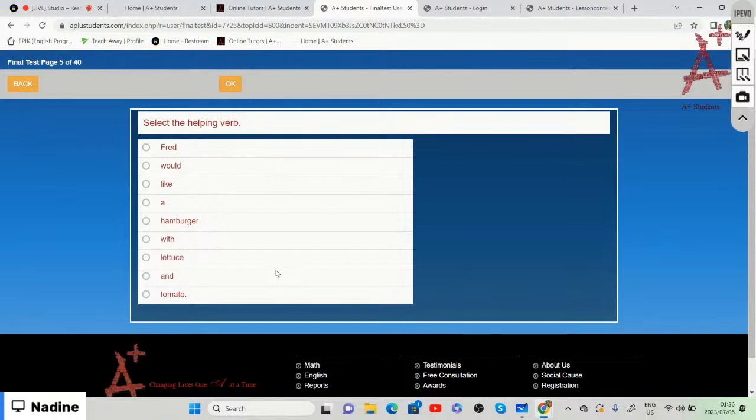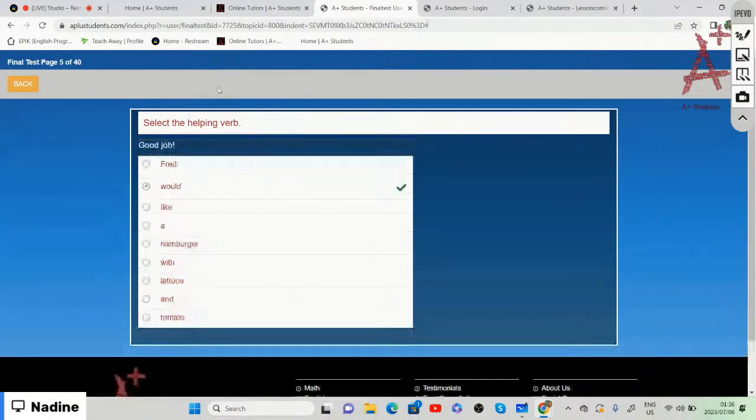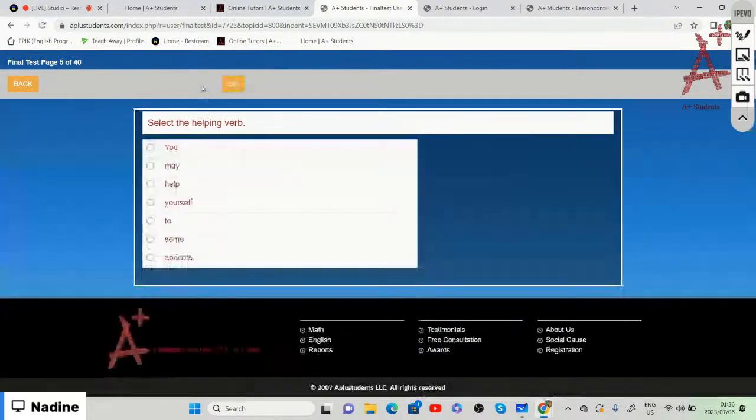Fred would like a hamburger with lettuce and tomatoes. So we would select our main verb as like, which means that we are going to select the helping verb as would. So if you have that, then well done.